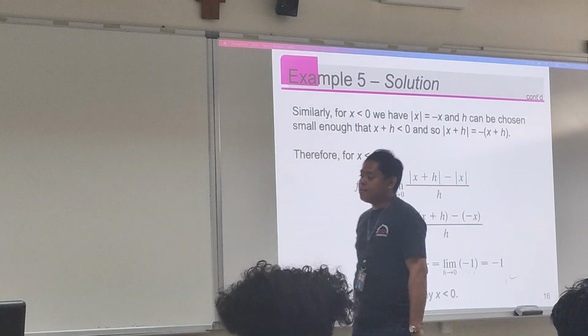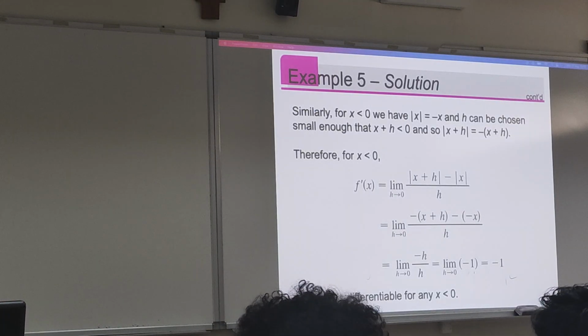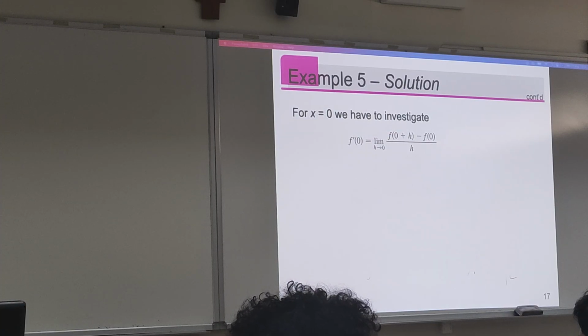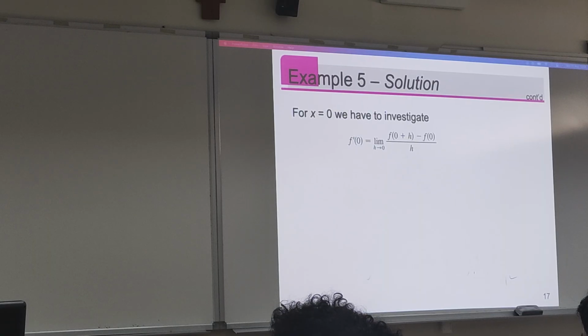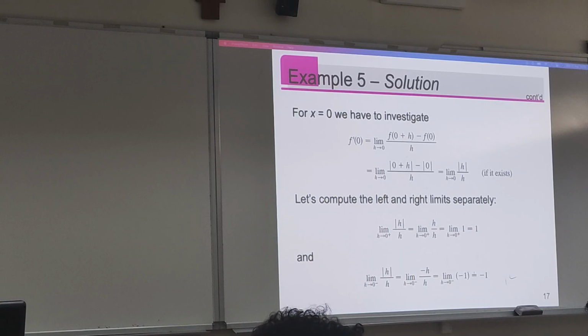That's why you can say that f is differentiable for any number except x equal to 0. It is not differentiable at 0, because the limit does not exist. What's the limit at 0?